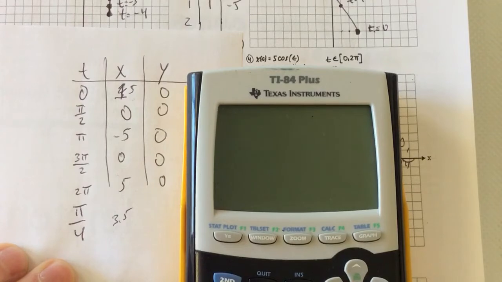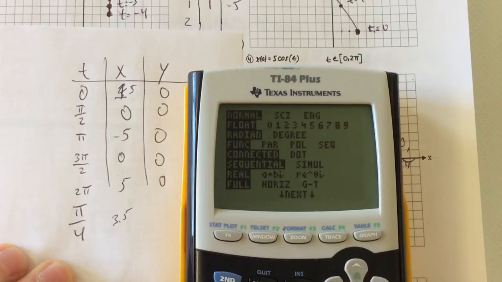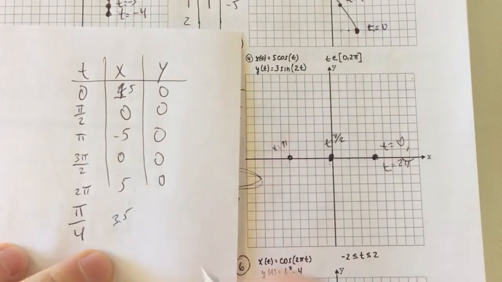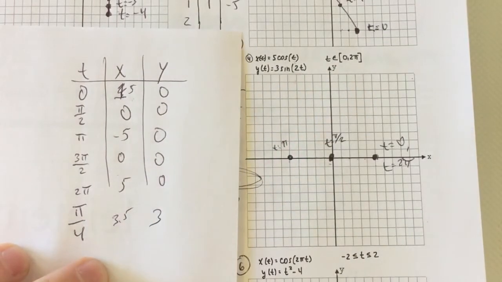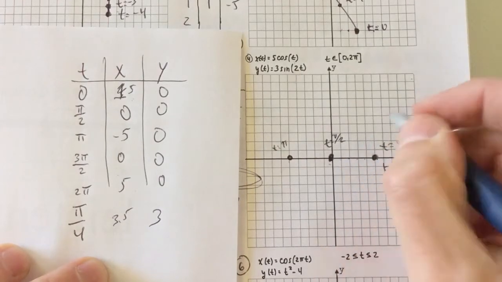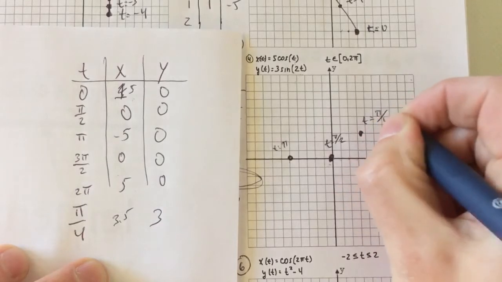So cosine pi over 4 is 0.7. If we plug it in, that gives us 3.5. 1, 2, 3.5. Oh, there's t equals pi over 4.